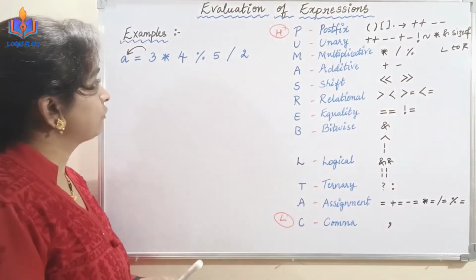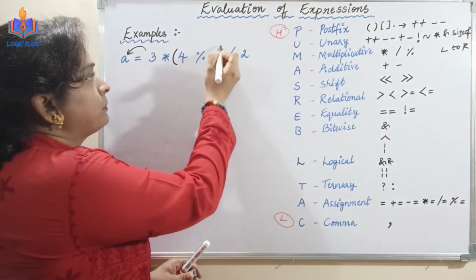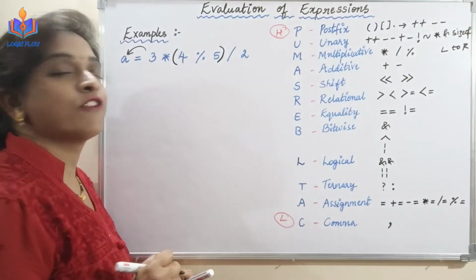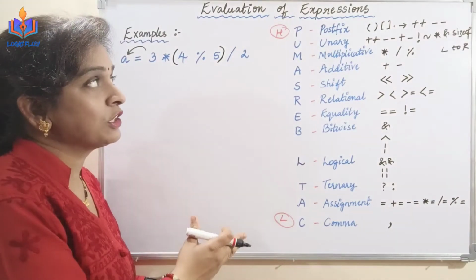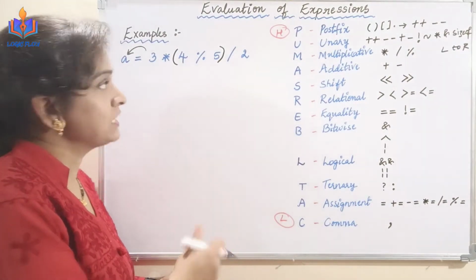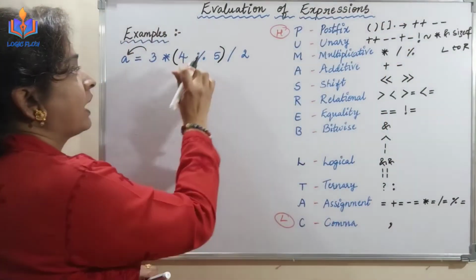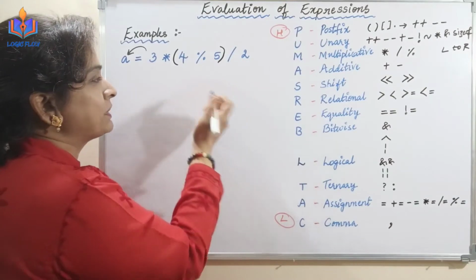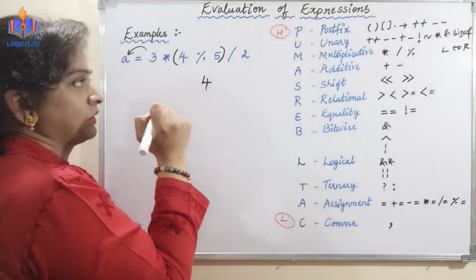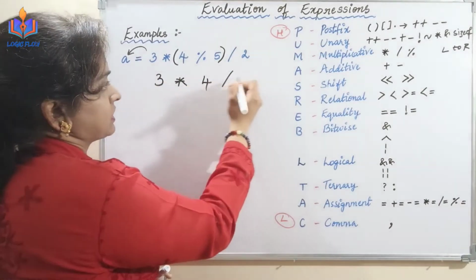Let me take one more example with a small change. I'll put brackets here: 4 % 5 will be inside the brackets. According to operator precedence, brackets have to be evaluated first. So I'll evaluate 4 % 5 first. What will be the remainder? It will be 4 itself. Then the remaining thing I write as it is.